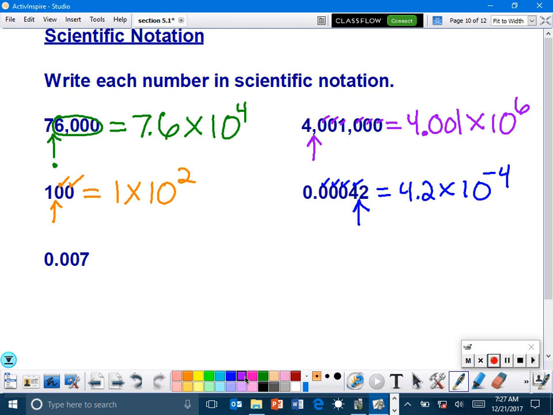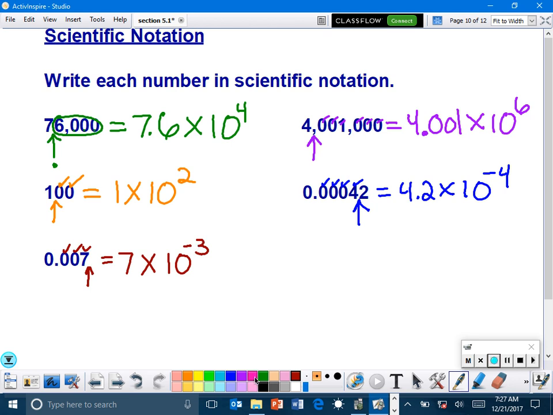Okay, and then this last one, we want the decimal actually behind the 7. Now again, there's not going to be any more numbers behind the 7, so we don't need to put a decimal there. So 7 times 10. Now, how many digits? 1, 2, 3. So that, and again, it's backwards. It's a small number, so that would be 7 times 10 to the negative 3rd power.